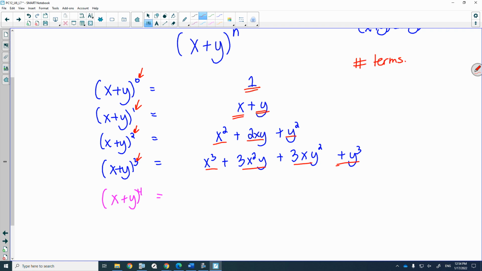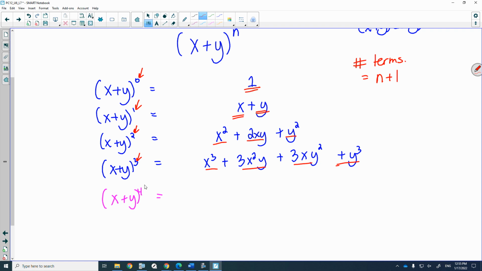If I ask what is the number of terms in the expansion, it was always 1 more than that n value. So the number of terms is going to be n plus 1. So if we're following this pattern, when we do the expansion of x plus y to the power of 4, there should be 5 terms.